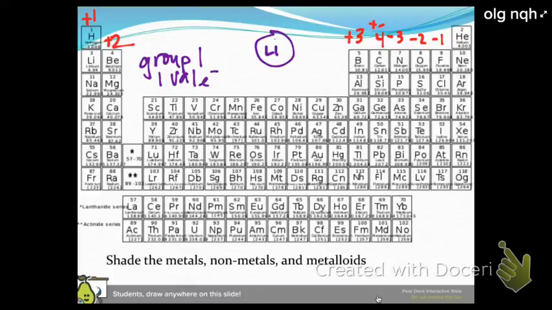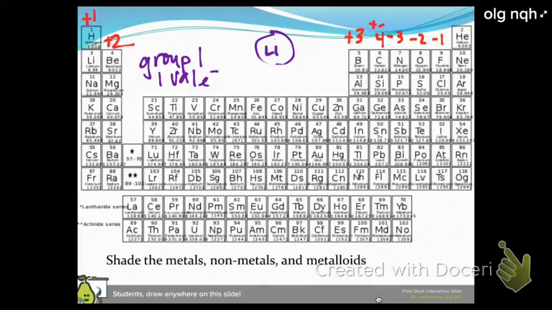Lithium has 2 electrons in its inner shell and then 1 electron in its outer shell. So lithium wants a full shell, which means, is it going to be easier for them to gather 7 to fill that outer shell, or to give away 1? Give away 1. So if they give away their 1, that leaves them with 1 less electron.